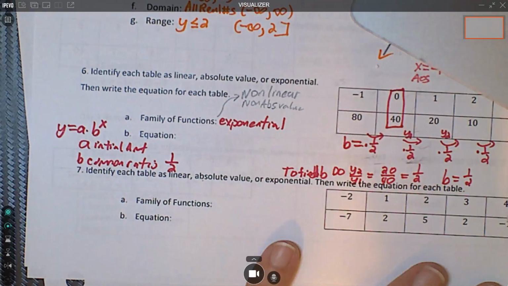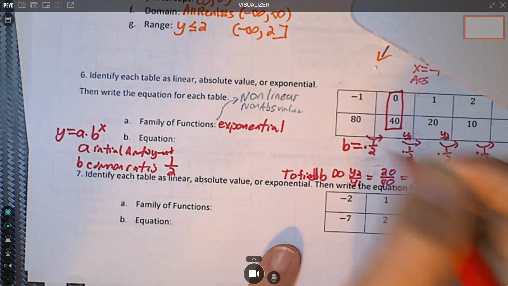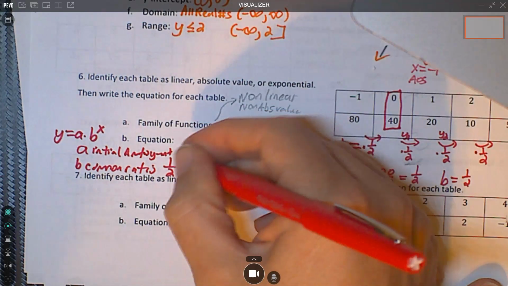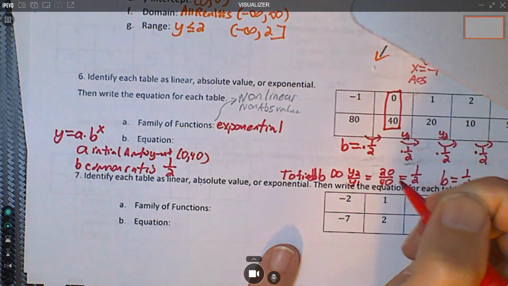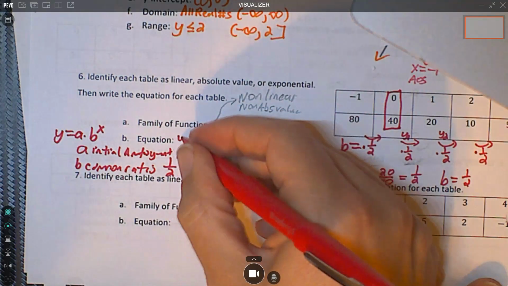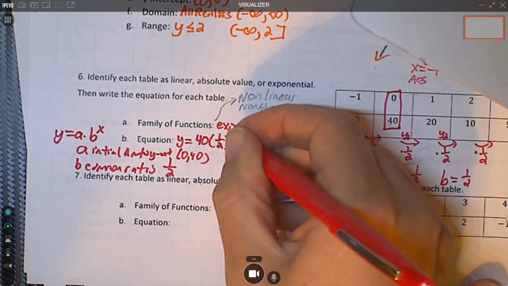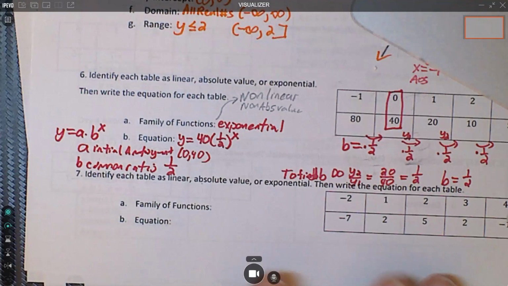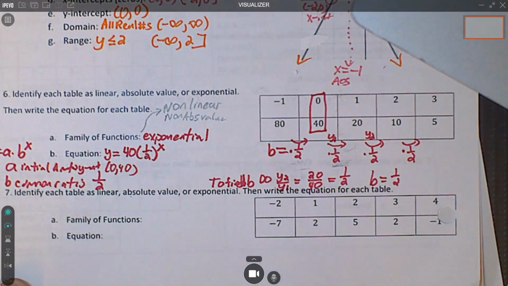The initial amount was the y-intercept. So you go y equals initial times b to the x. As the y's keep getting half smaller, they're going to get small really fast.